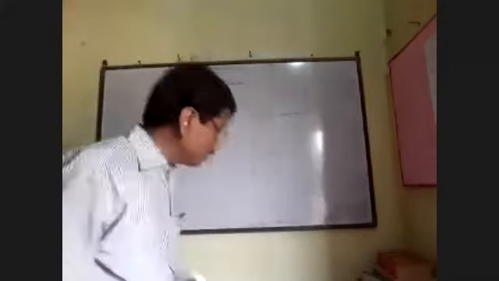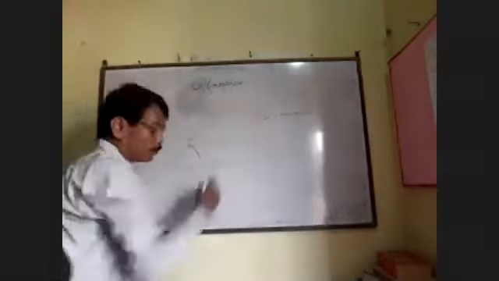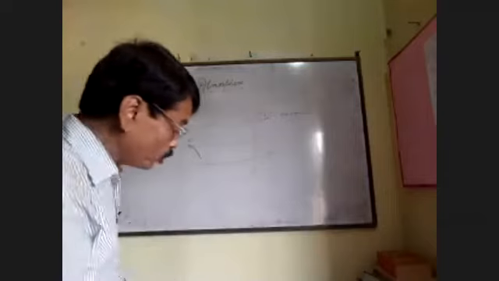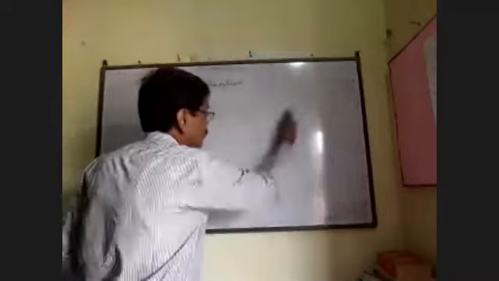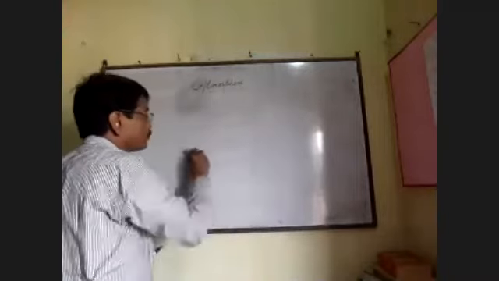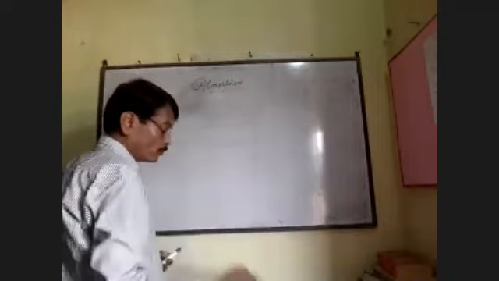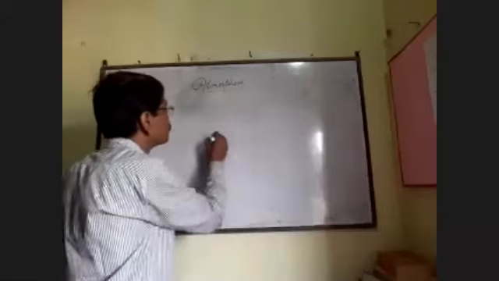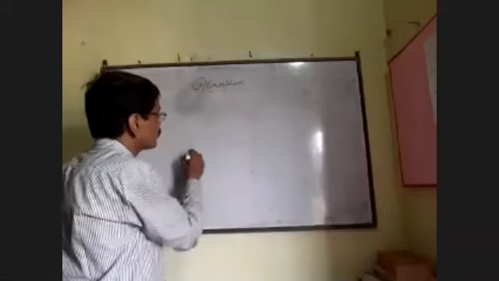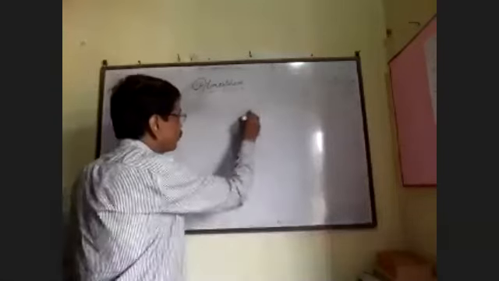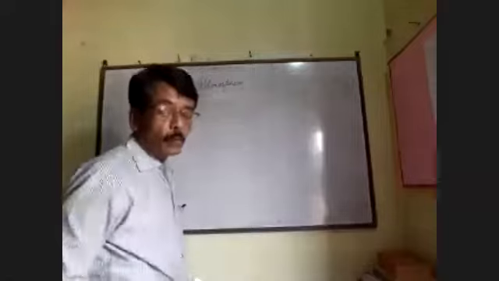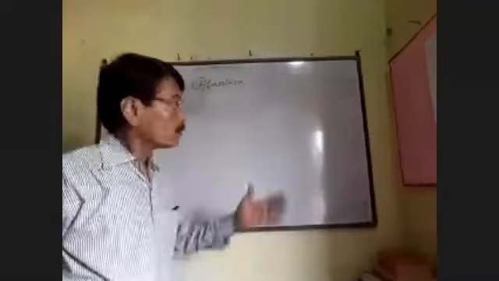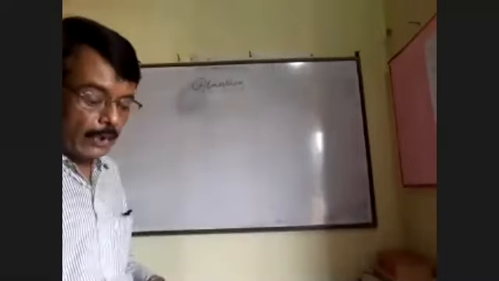Now we will move towards this area, that is the subpolar zone. In both hemispheres, this zone is known as the subpolar zone, near about 66.5 degrees north and south, that is at the Arctic Circle and Antarctic Circle.